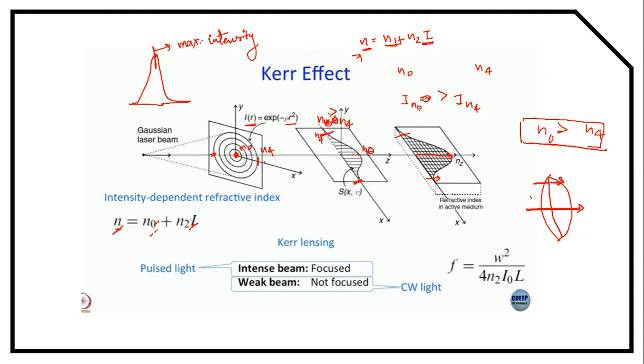Because of this less and more refractive index, say the light beam is coming straight. The point with lesser refractive index deflects the beam less. Say it has deflected only this much, but at this point the refractive index is more, so it goes straight and then moves again.